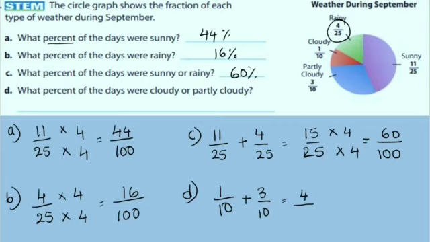I'll add the link in the description box so you can check all the fraction rules. So it's going to be 4 over 10. Now you need to change this 4 over 10 to a percent. To make the denominator 100, you multiply by 10, numerator as well as denominator. So 4 times 10 gives us 40 and 10 times 10 gives us 100. So the answer is 40%.